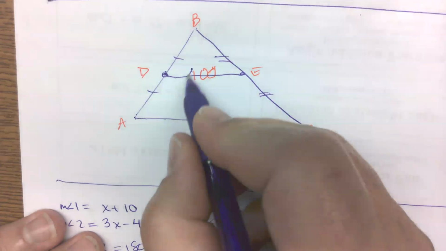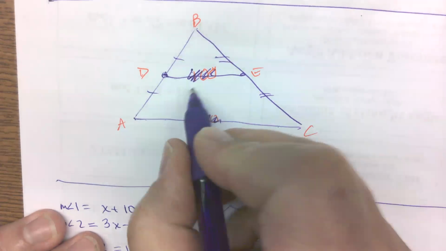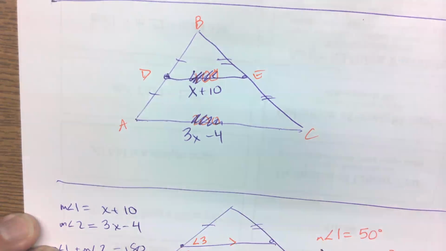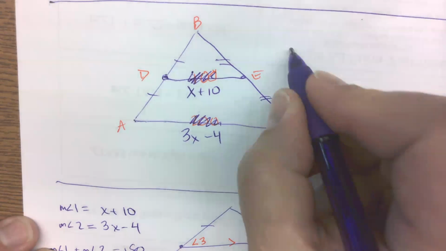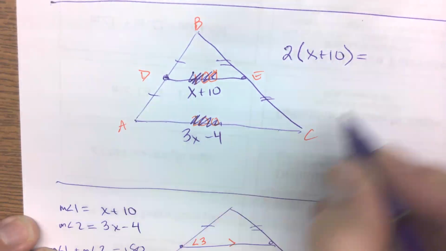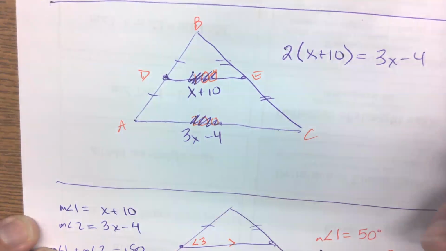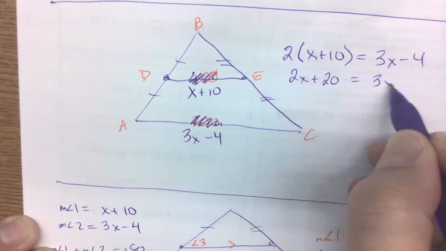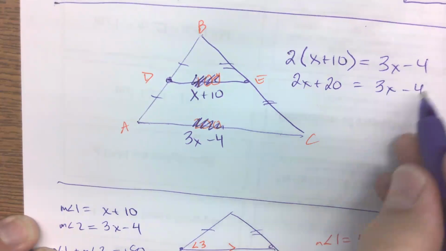What if instead of giving you this 100 and this 200, I told you that this was x plus 10 and this was 3x minus 4? 2 times x plus 10. 2 times the little one will equal the big one. And then we can multiply and subtract and add.